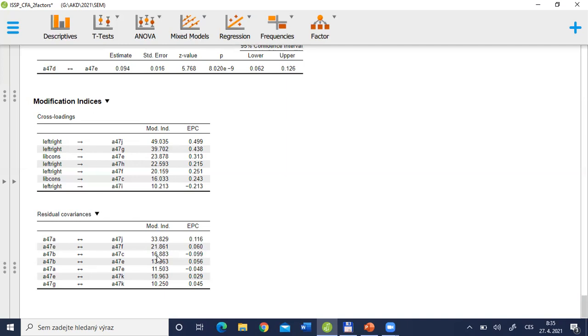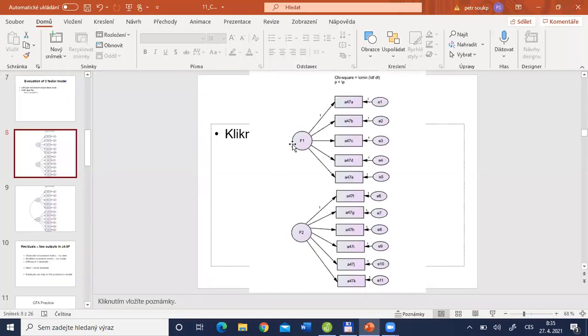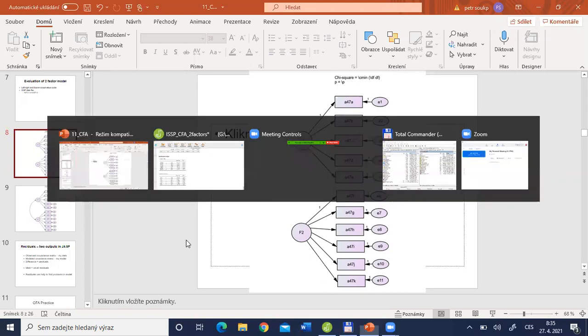Unfortunately, and don't ask me why, I'm not the producer, no table here in modification indices section offers the option of what could be my results. It means what could be the improvement of chi-square if I would link these two factors together. So if I would add covariance for factor 1 and factor 2, there is no such output here.